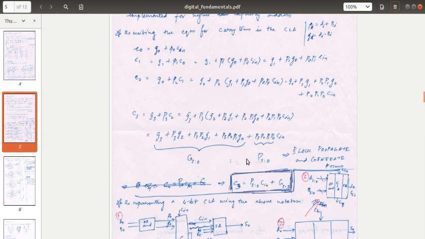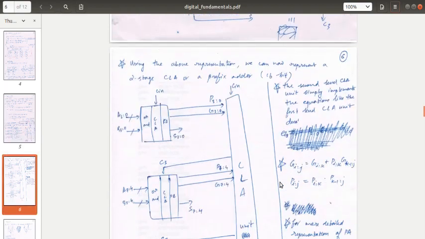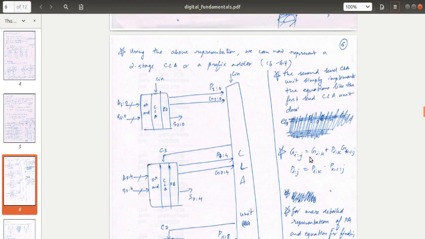So we can write this as C3 equals P3to0 AND C in OR G3to0. That is the propagate term for the block, and C in is the carry input of the block, OR the generate term for the block. This can be written generally like this.